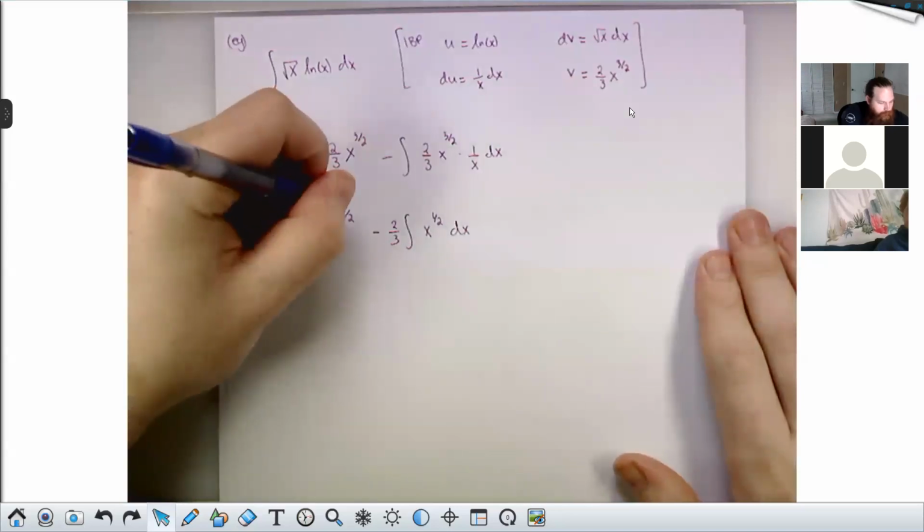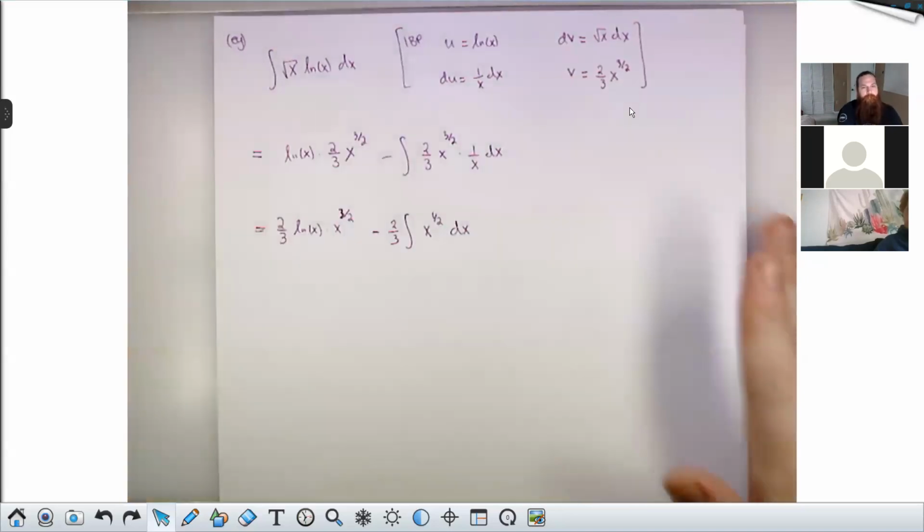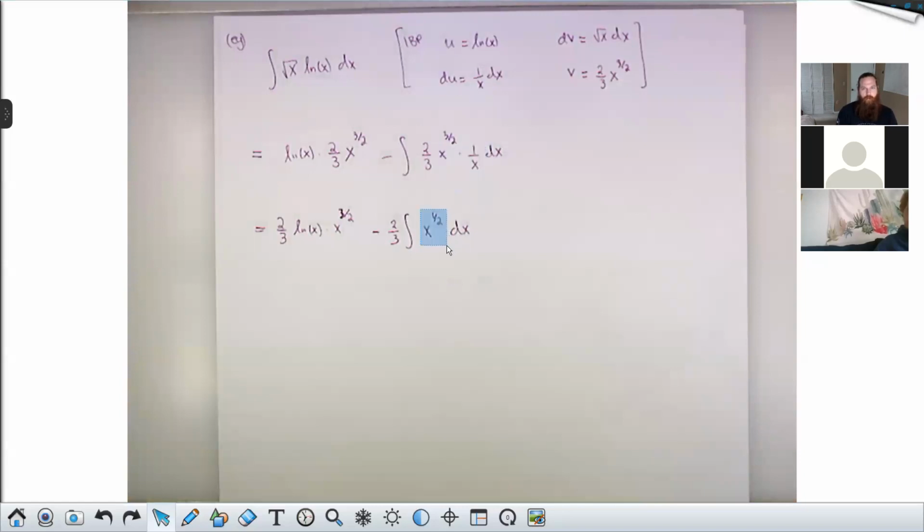The power here is still a 3/2 power. Everybody sees how this simplifies to this. I'm using that rule that x to the a divided by x to the b is x to the a minus b. So 3/2 minus 1, that's 1/2.